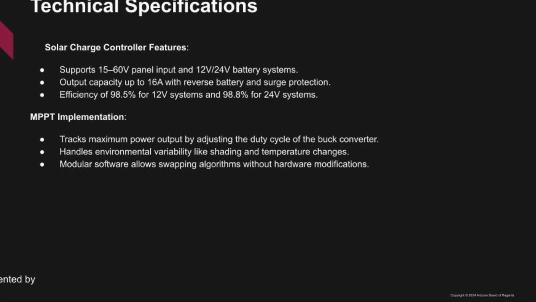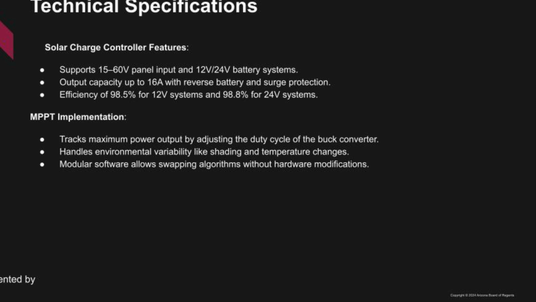Hello, this is Logan Anliker, and I'll be covering the technical specifications of the project. So our solar charge controller currently supports 15 to 60 volt panel input and 12 volt and 24 volt battery systems.